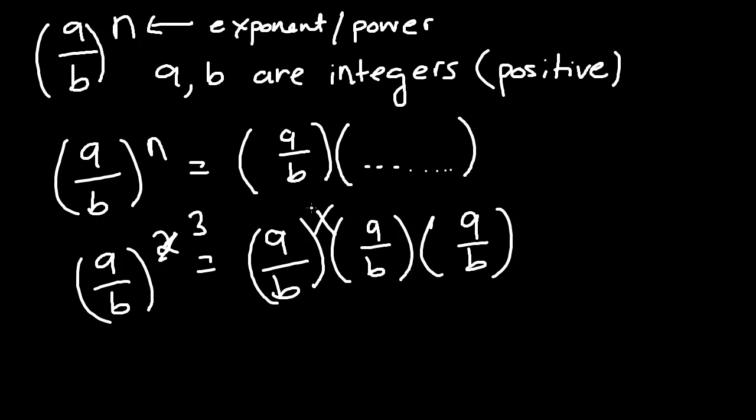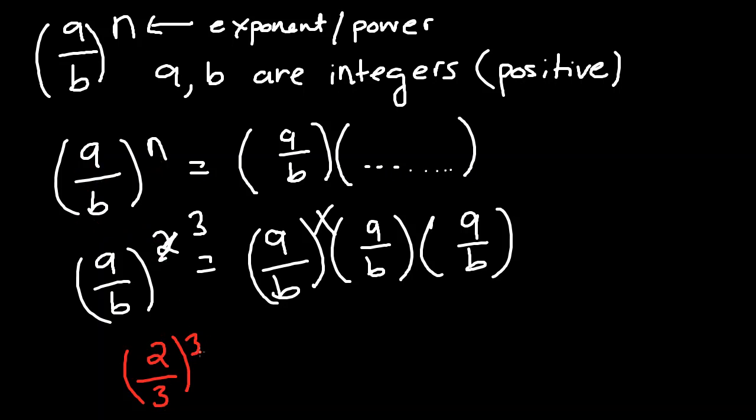So let me give you an example. So let's say you have 2 over 3 to the power of 3, okay. So over here, going back to our formula, a over b, well in this case, a is 2 and b is 3, right? It's written in the same form. And our n, what's our n?